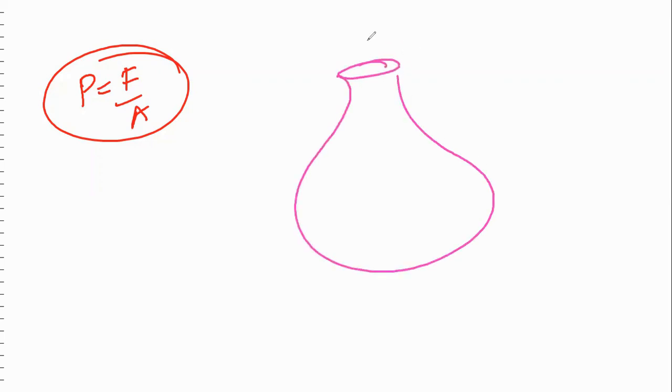According to Pascal's law, let us suppose there is a pot, and on the liquid surface atmospheric pressure is there. This will be equally transmitted to all the points. The atmospheric pressure will be equally distributed to all the points. That is called Pascal's law.